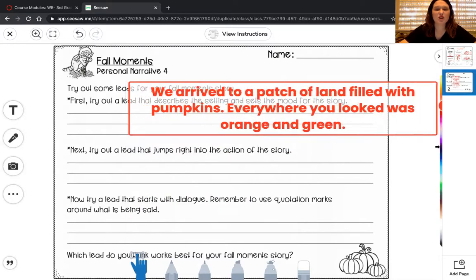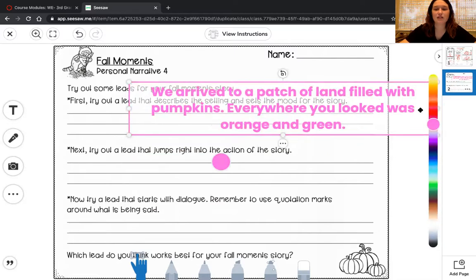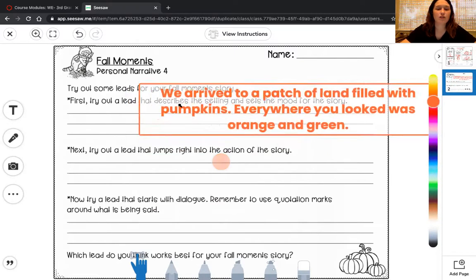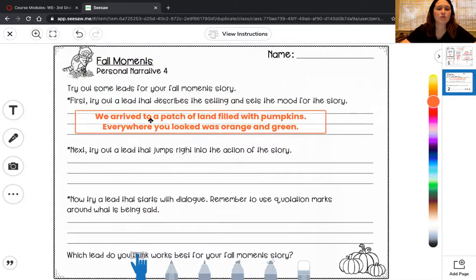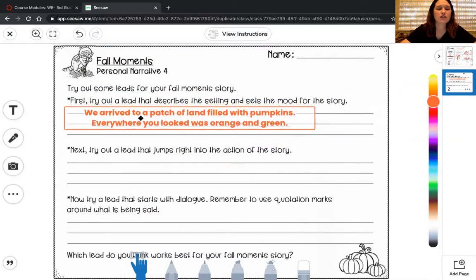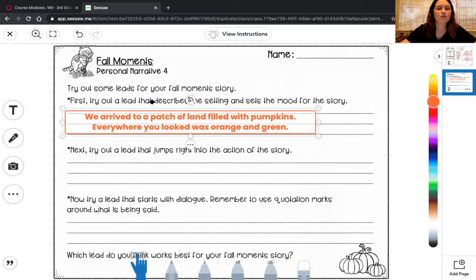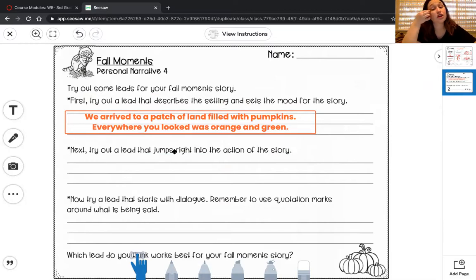So I'm kind of describing my setting, right? I'm saying when we arrived, we saw all kinds of pumpkins. There were pumpkins everywhere. Everywhere you looked was orange and green, because orange for the pumpkins, green for the grass.